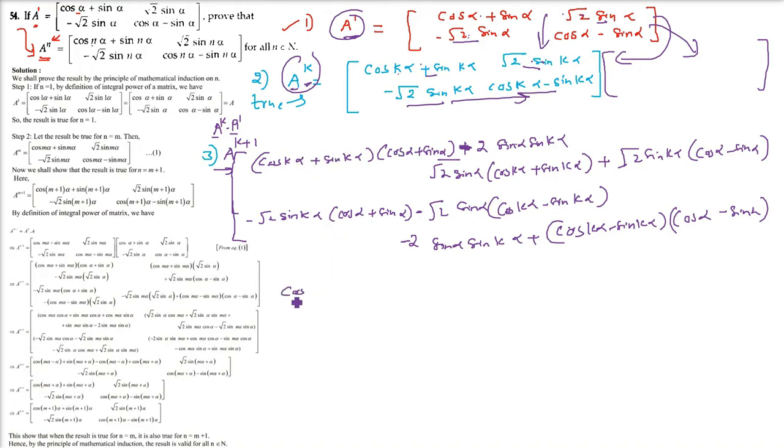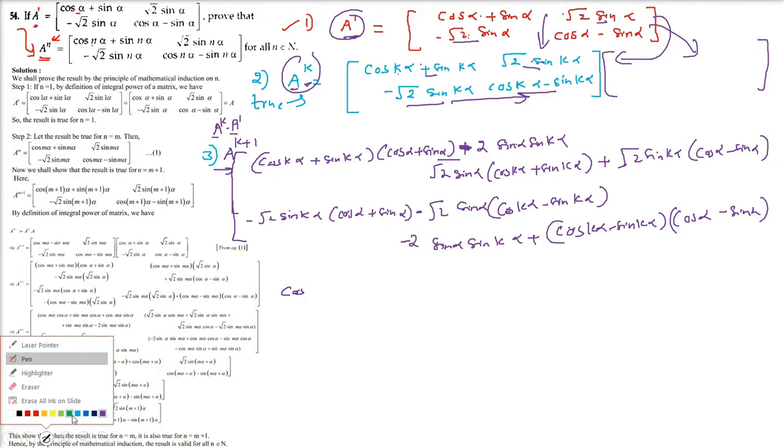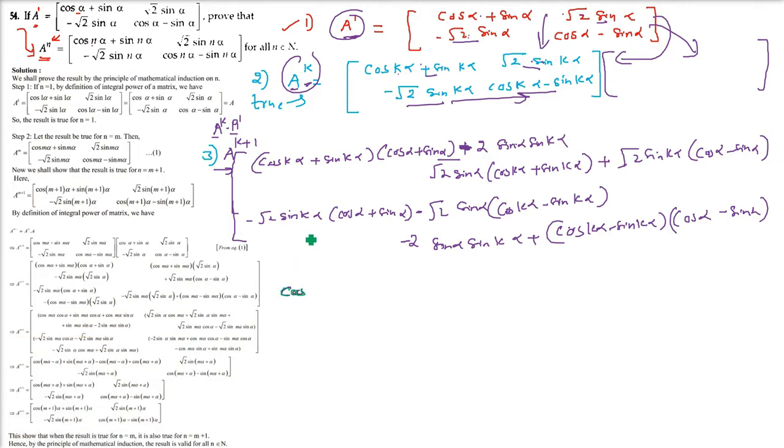Now multiplying, see here, cos k alpha into cos alpha, and then cos k alpha into sin alpha, then sin k alpha and cos alpha, and then sin k alpha into sin alpha, minus 2 sin alpha sin k alpha.